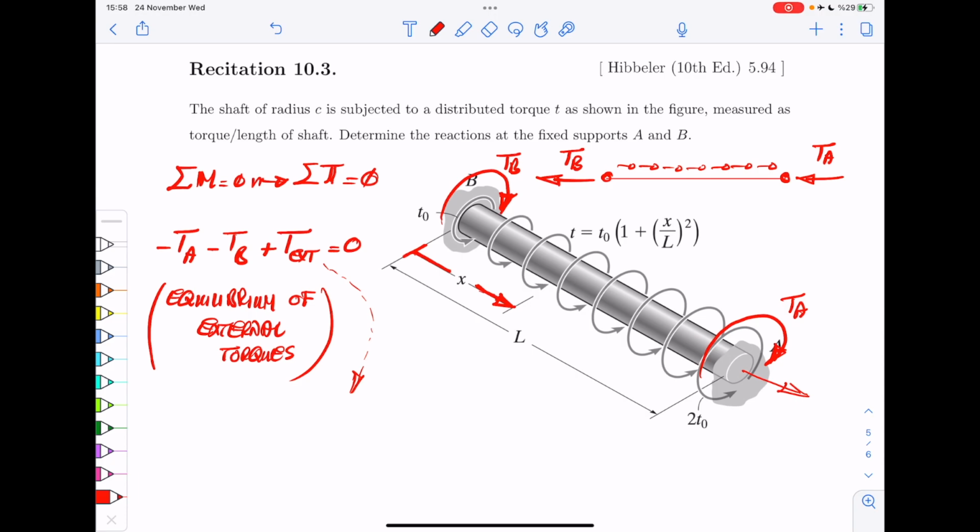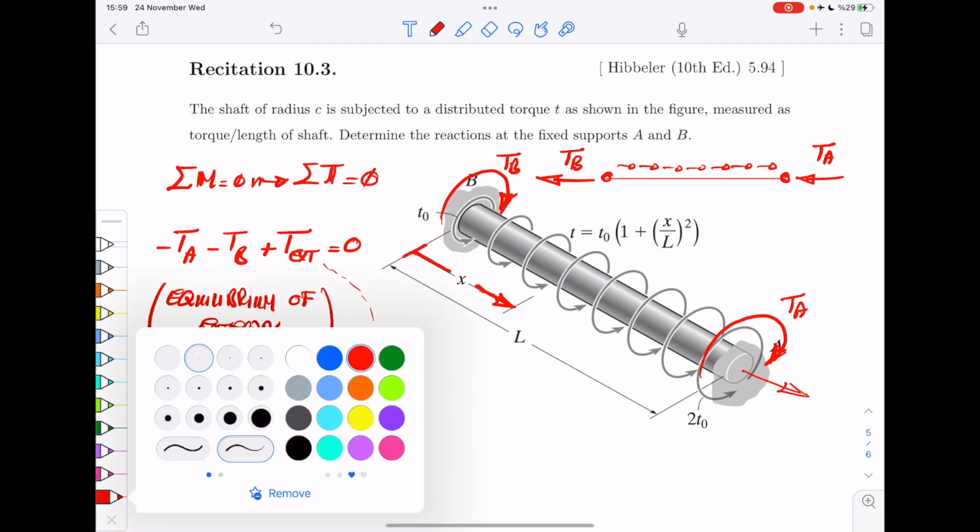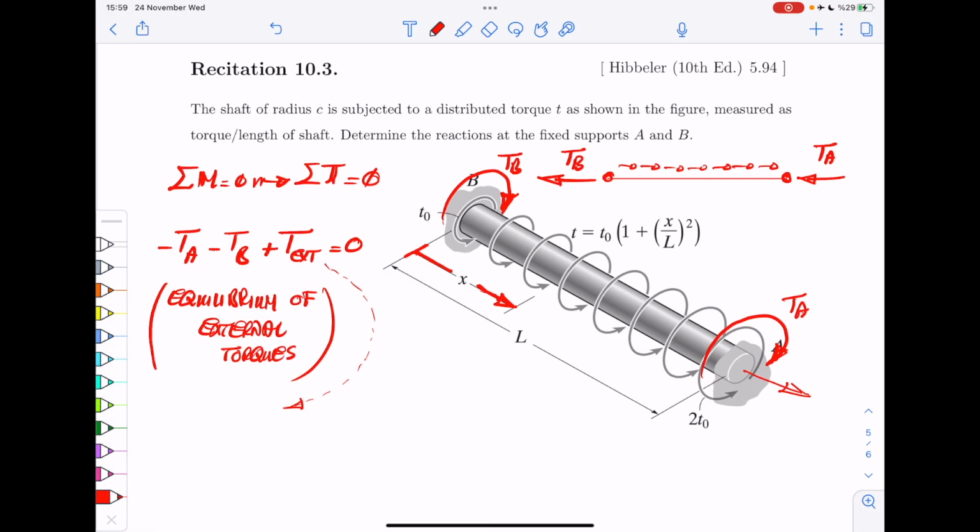Okay, so let's write that. T external would be the integral of that small t, dx, from 0 to L.